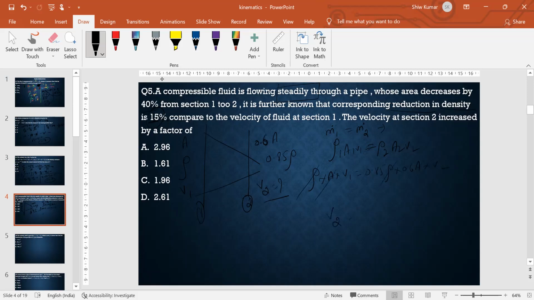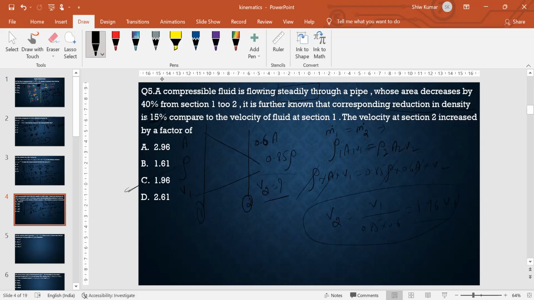If you do the calculation, you will get V1 by 0.85 into 0.6, which gives 1.96 V1. I can say that the velocity at section 2 increased by a factor of 1.96, or we can say the velocity increases by 96%.